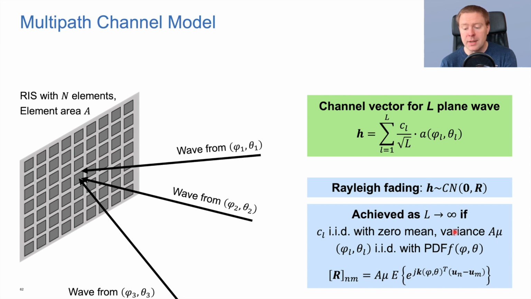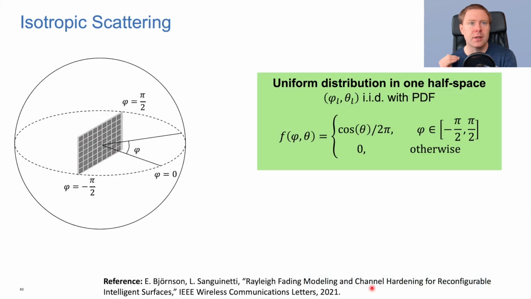So as L goes to infinity, h, the channel here, will in probability converge to a Gaussian distribution with this covariance matrix. And you can, for any probability density function of the angles here, compute what R is going to be. Let's consider the most extreme case, where scattering comes from all directions. And since this is a two-dimensional array, it cannot really come from the backside.